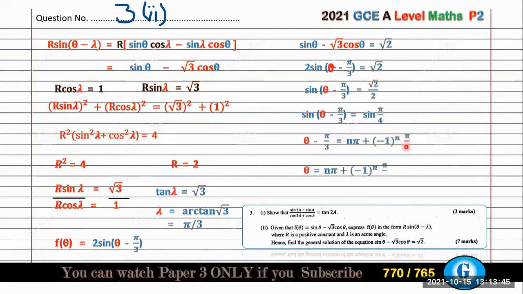So our theta will be equal to n pi plus (minus 1) to the power n pi on 4 plus pi on 3, where n is an element of the set of integers Z. So this is our general solution for this given question. Take a good look at it.